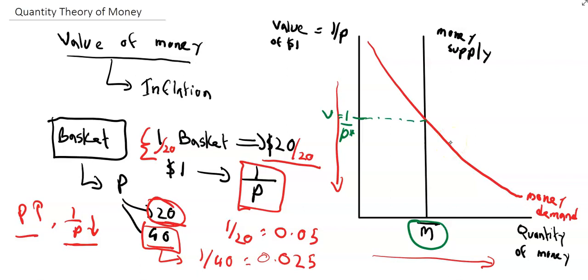Now what you can see from here is if supply of money decreases, that is if it shifts to the left, in that case, we can see that if this is my new money supply, so we are now at M2 prime, then if demand stays the same, the price level will decrease, which means the value of money is going up.